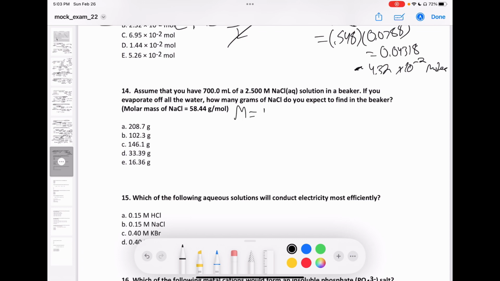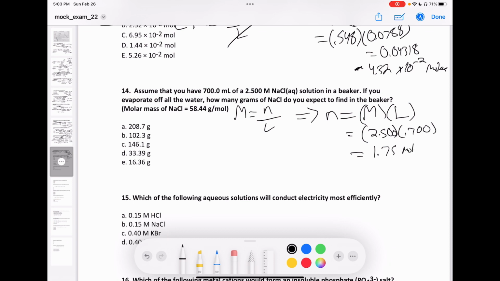So you have molarity is equal to moles of solute over liters of solution, which implies that moles of solute is equal to molarity times volume in liters, which is equal to 2.500 times 0.700. Remember to convert those milliliters to liters because molarity is in terms of liters. So when you get 2.5 times 0.7, you get 1.75 moles of NaCl.